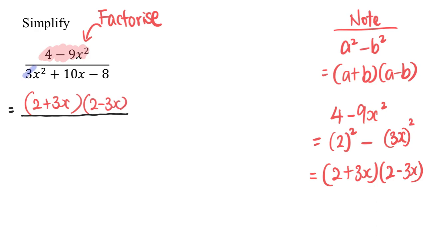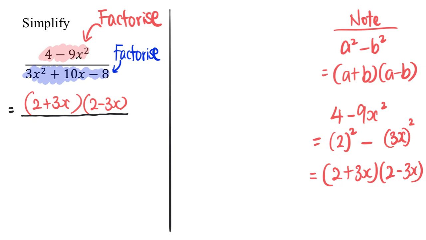Next to consider is the denominator. How can I factorize this as well? It is at this point that Mr. Tan remembers to tap on what we've learned previously, the cross method.